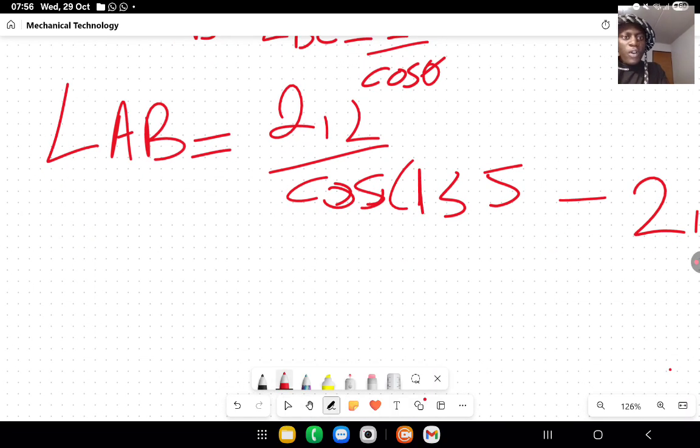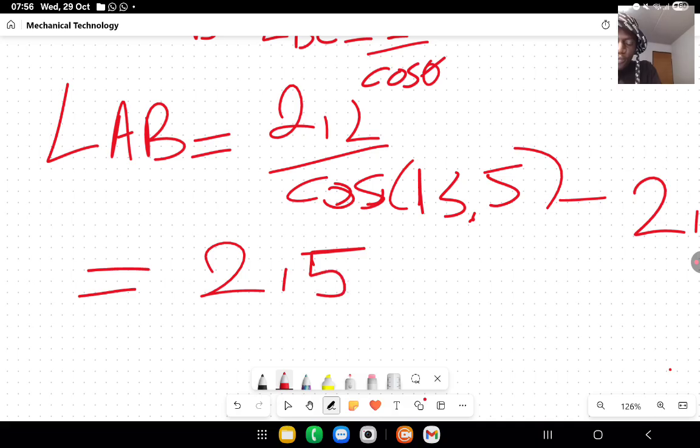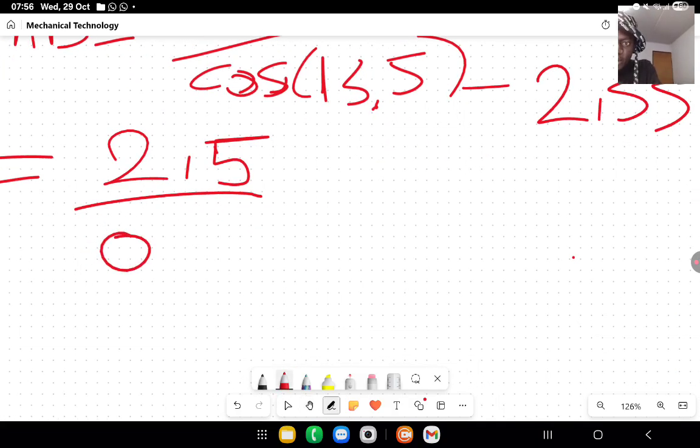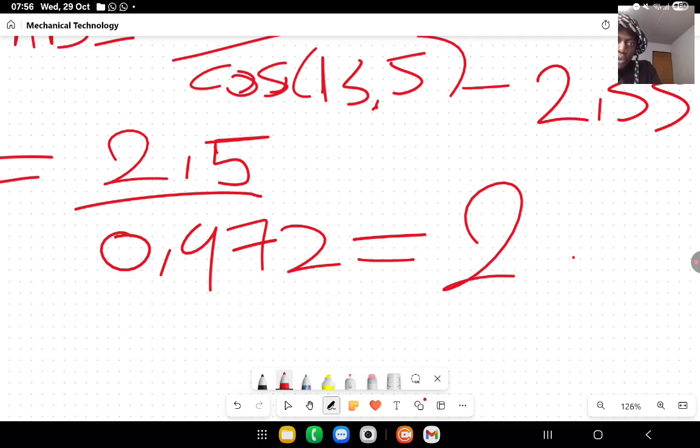If our angle is 13.5, we are going to say 2.5 divided by 0.972, which will give us 2.75 meter.